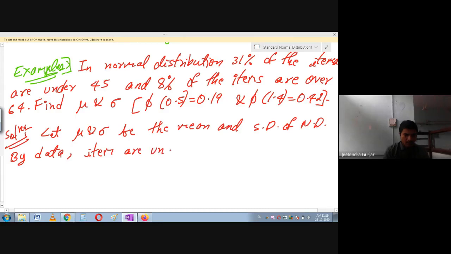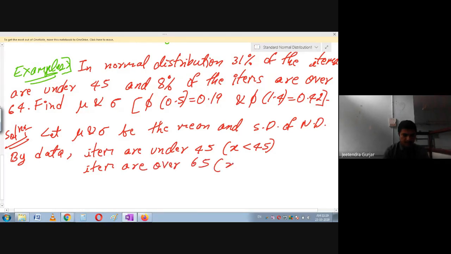Items are under 45 means I'm going to take this as a random variable x. X is less than 45. So please remember. And similarly, items are over 65. This is clear, I think. This is x is over, meaning greater than 64.